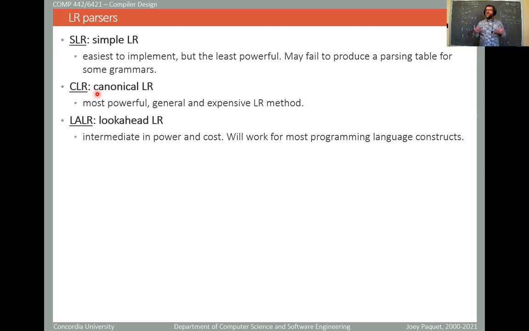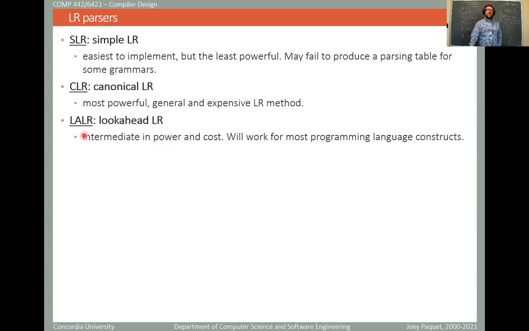Okay. So they had to find intermediate solutions between SLR and CLR. And one of the solutions was LALR, or look-ahead LR. This one is basically in between CLR and SLR.